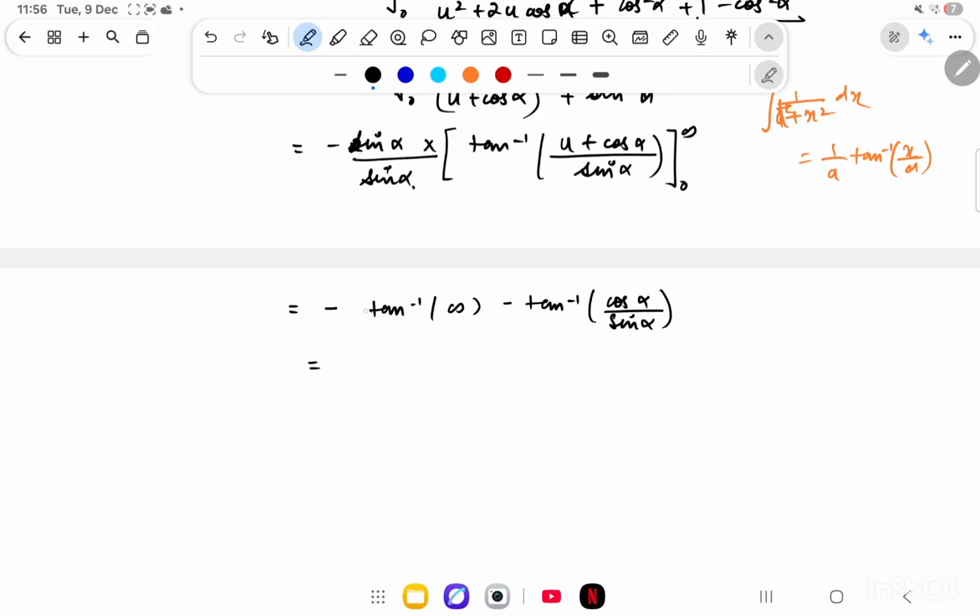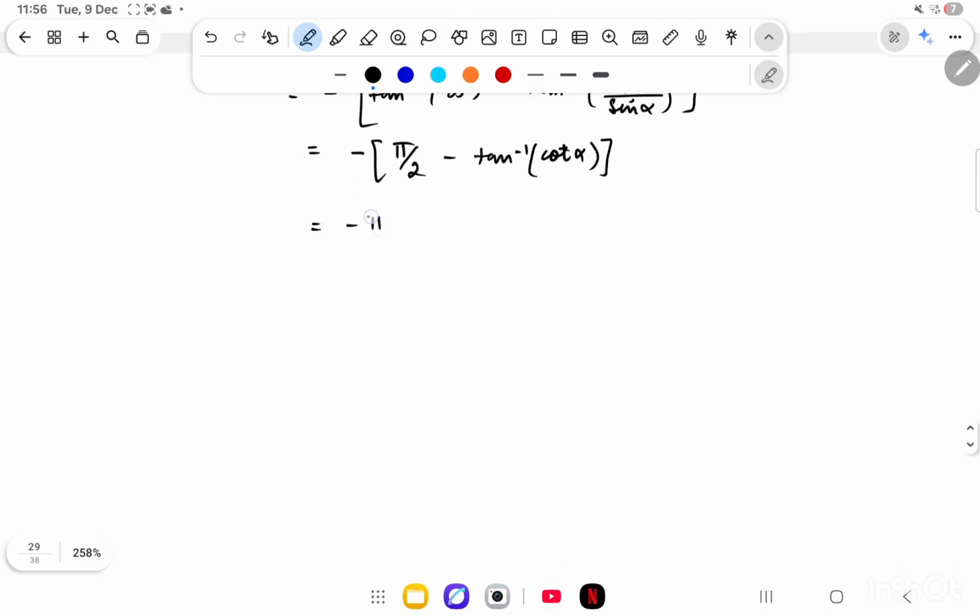So it will be equal to minus of (pi by 2 minus tan inverse cos alpha by sin alpha, which is cot alpha), and this simplifies to minus pi by 2 plus tan inverse of cot alpha, which is pi by 2 minus alpha.